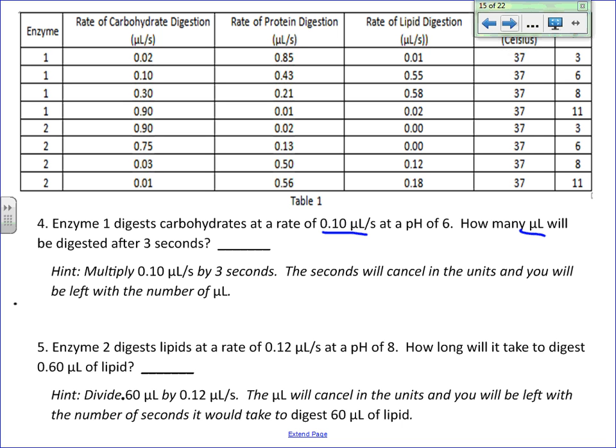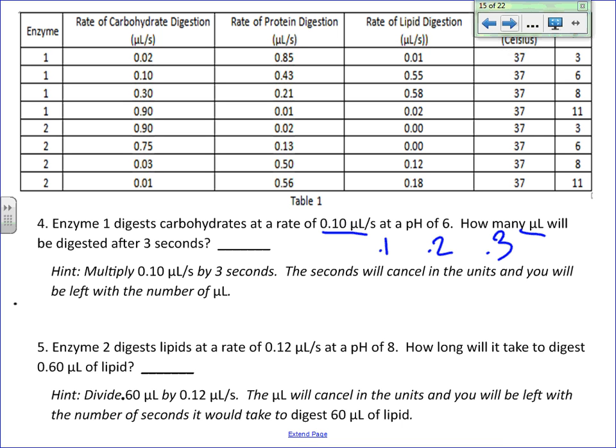What we need to do with those numbers? Multiply, yeah. After 1 second, it would be 0.1. After 2 seconds, it would be 0.1 times 2, which is 0.2. And after 3 seconds, it would be 0.3.